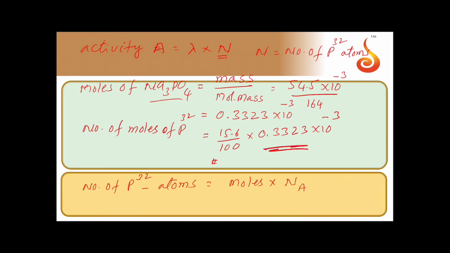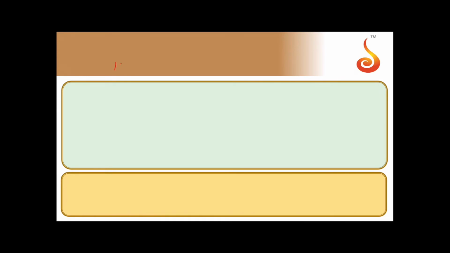So which is equal to 15.6 by 100 into 0.3323 into 10 to the power of minus 3 into Avogadro's number, 6.023 into 10 to the power of 23. This gives the number of atoms, which comes out to be 0.3122 into 10 to the power of 20. So many atoms of phosphorus 32 we have.